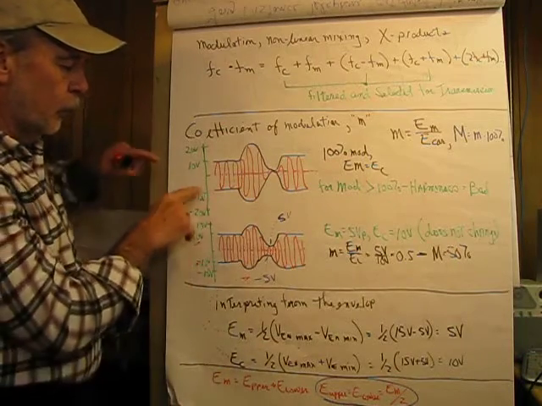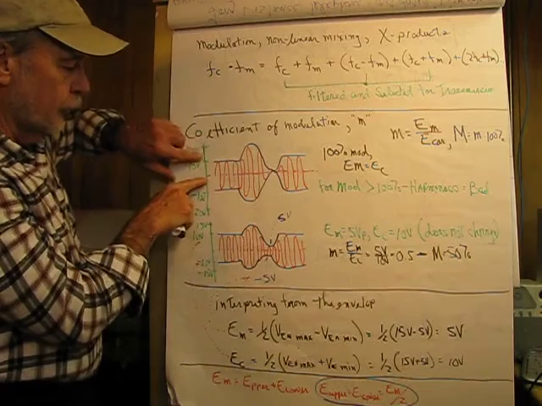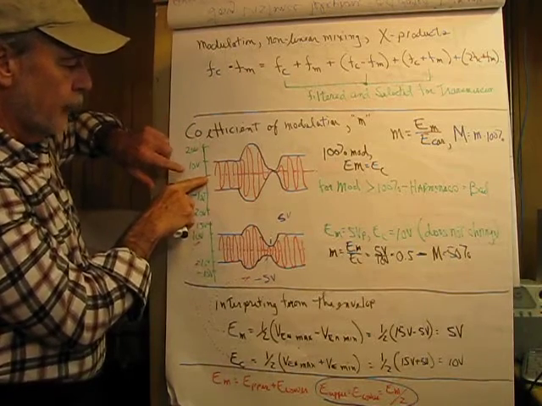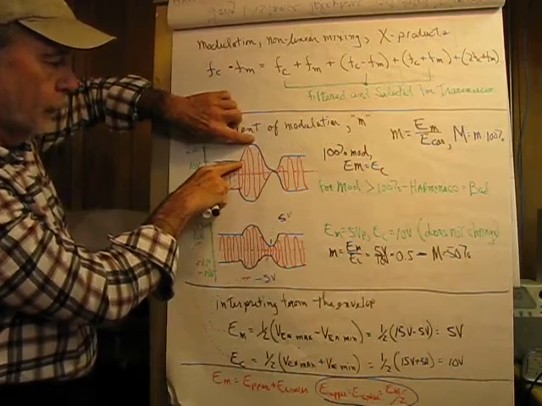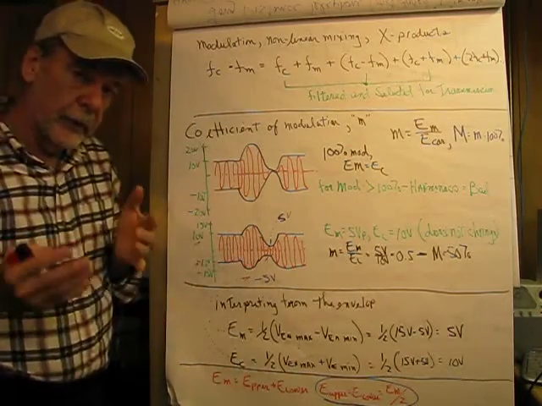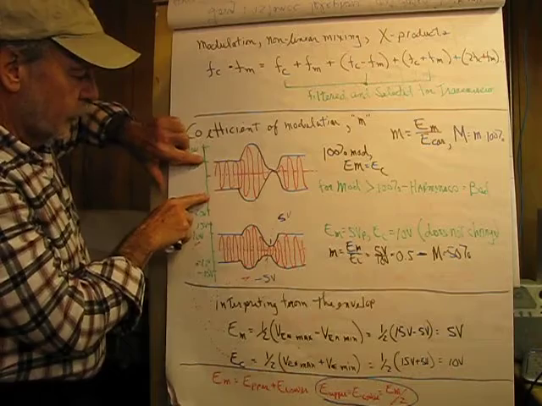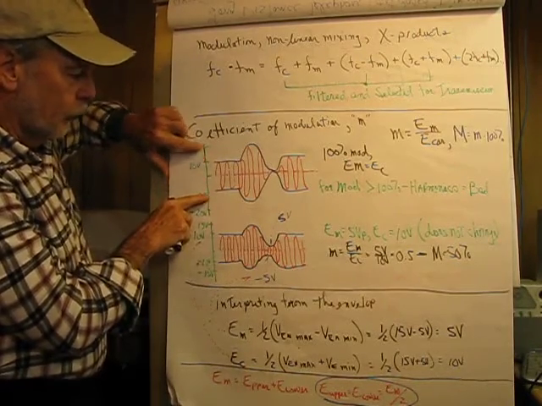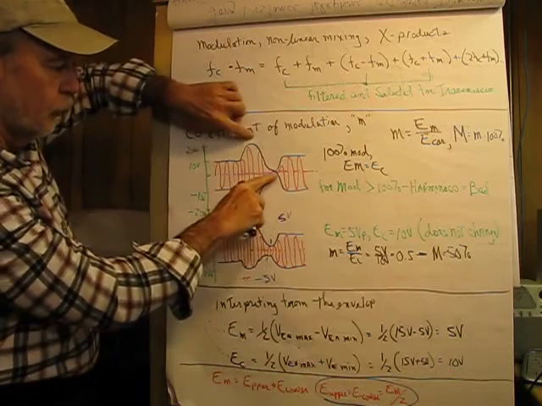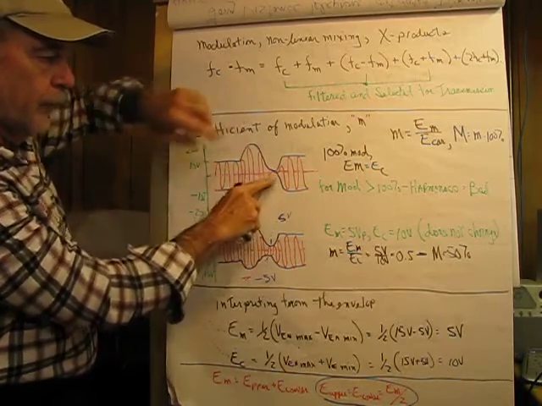And when I say equal, the carrier voltage is going to be 10 volts, and the modulating voltage here is going to be from here up to here 10 volts. Or if we look at the peak to peak, the modulating voltage would be 20 volts. The carrier voltage would be 20 volts, and the modulating voltage would also be 20 volts.